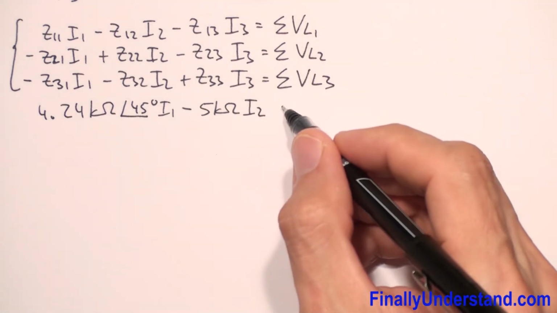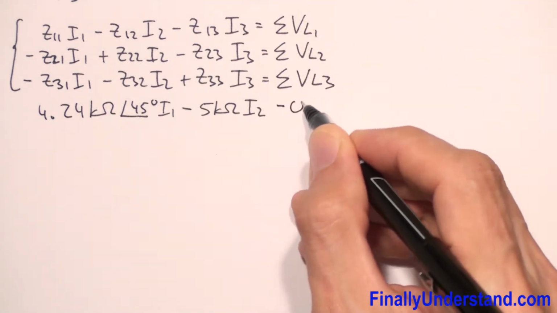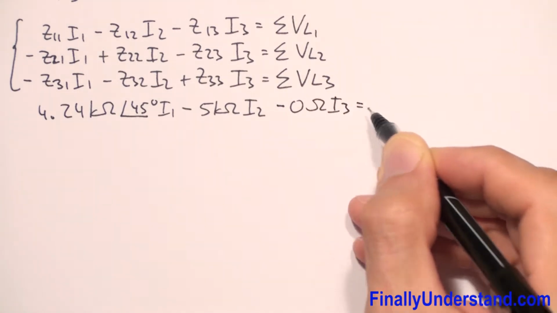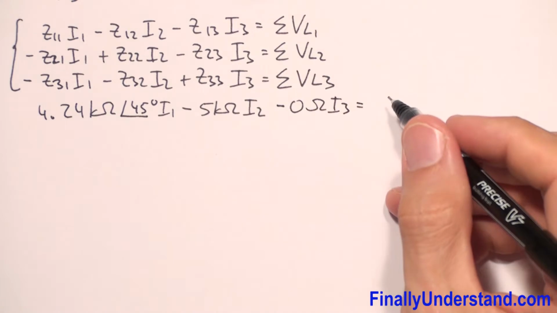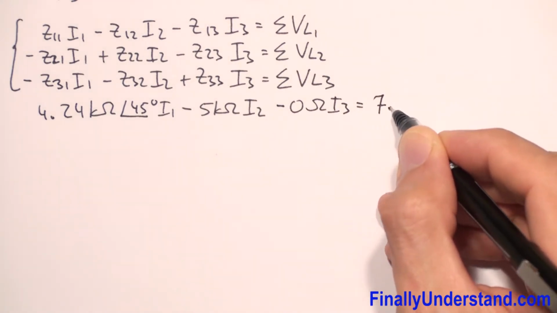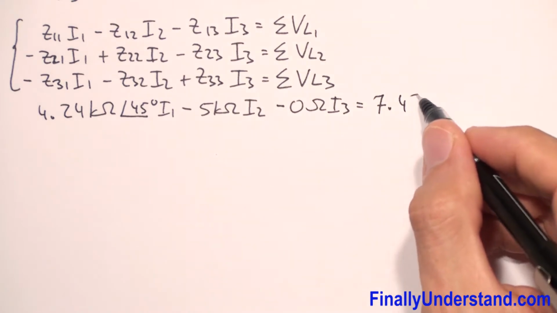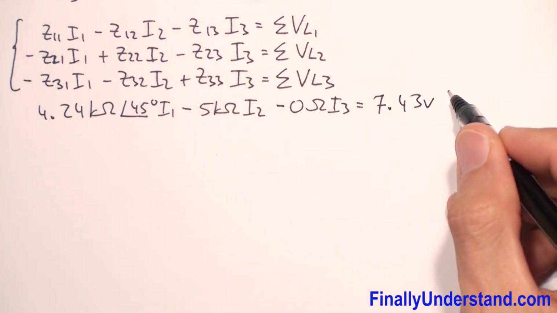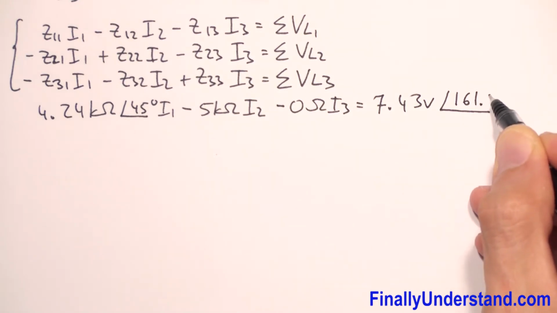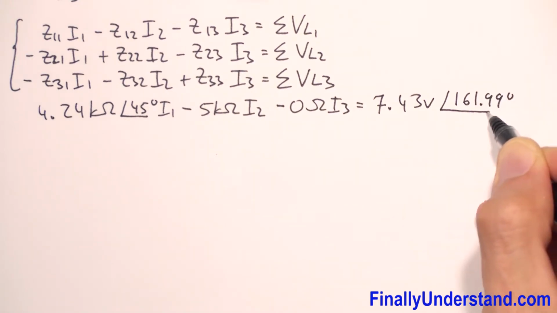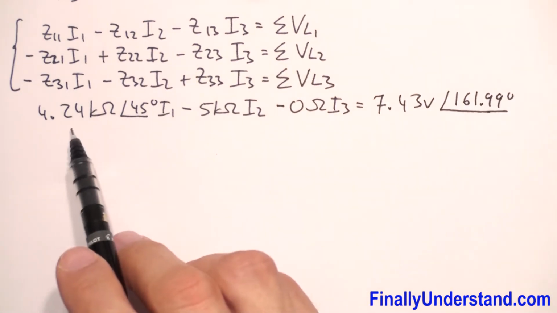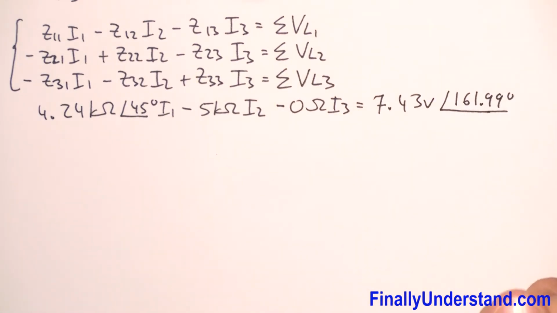Z13 we found is equal to 0 ohms I3, and the sum of the voltages in loop 1 we found is equal to 7.43 volts and angle of 161.99 degrees. So this is my first mesh equation.